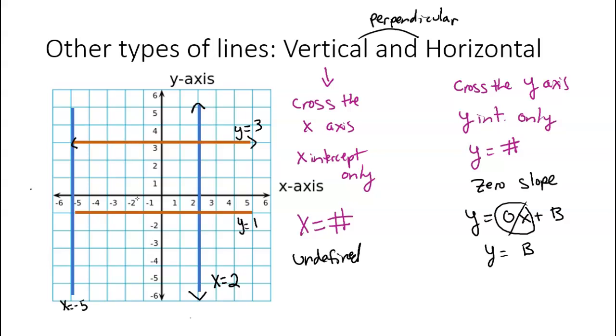Now, the last two things that we're going to address are the x-intercept and the y-intercept. We've already kind of addressed the y-intercept, since we know it crosses the y-axis. So the x-intercept is what we're going to focus on. Things I want you to remember about the x-intercept: it crosses the x-axis, so it will always be x, comma, 0.